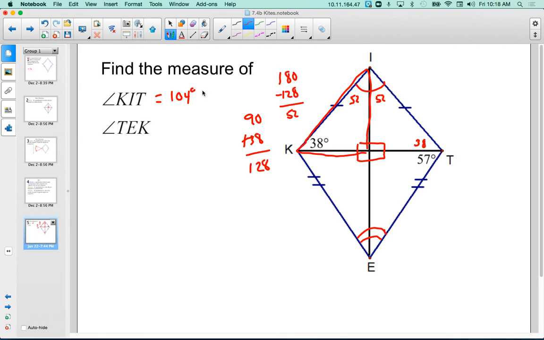Now, from this point, there's actually a couple different ways we could solve for angle TEK. Because we found angle 52 here, we could look at the really big triangle, and I also know that that's 38 because this is 38.